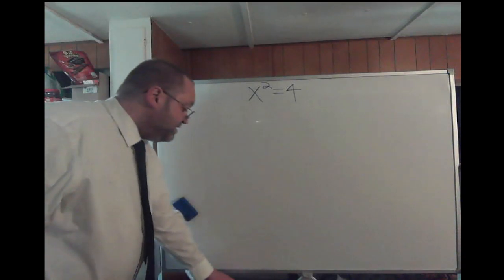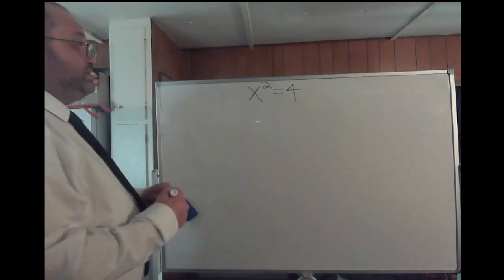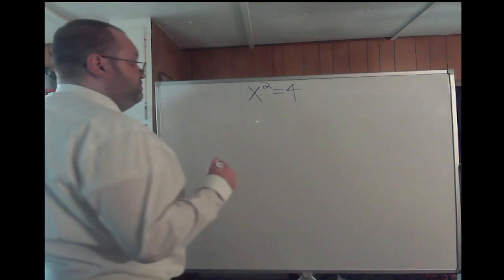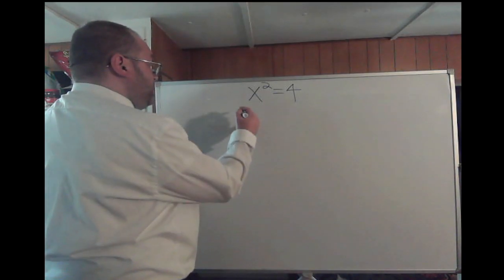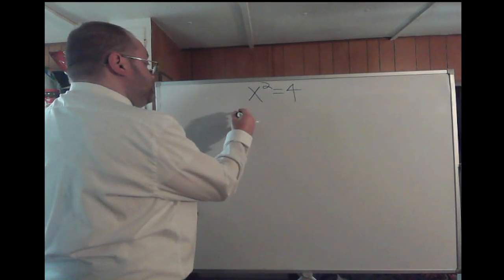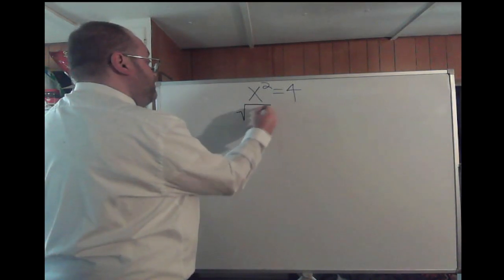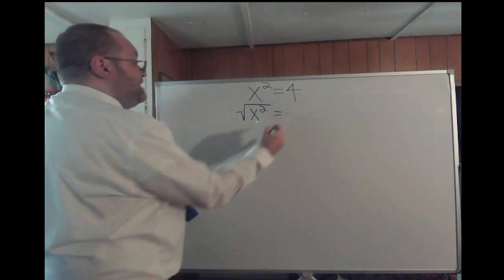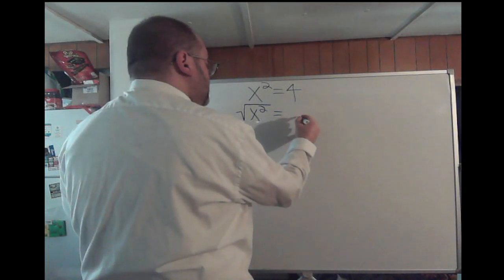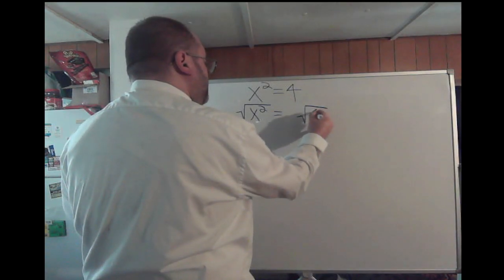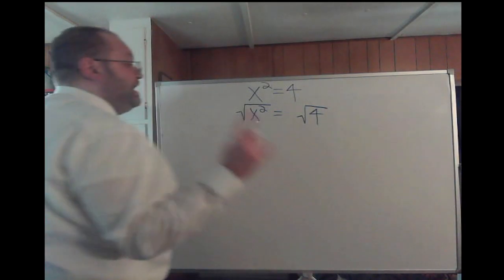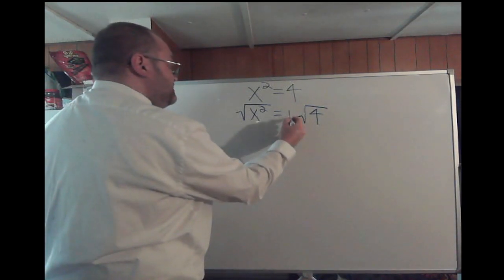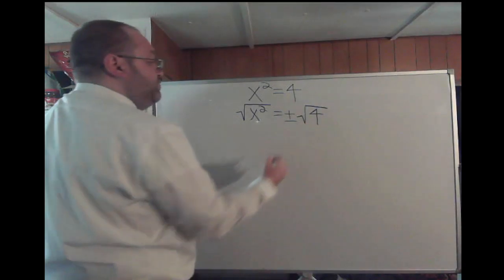So how do we solve quadratic equations, second degree equations? Well, you got to take the square root. So you start out, you'll take the square root of x squared. But what you do to one side, you got to do to the other. It's going to be the square root of 4 on the right hand side, but actually it's going to be plus and minus the square root of 4.